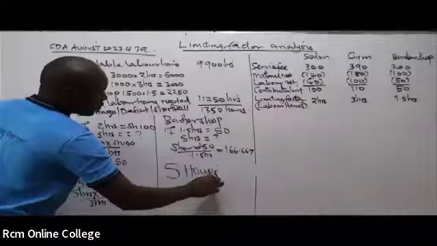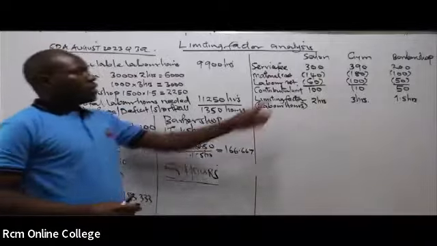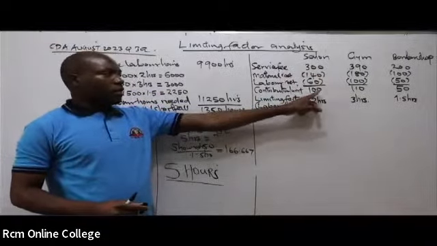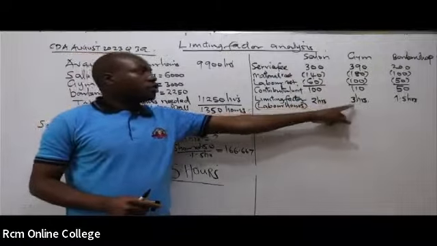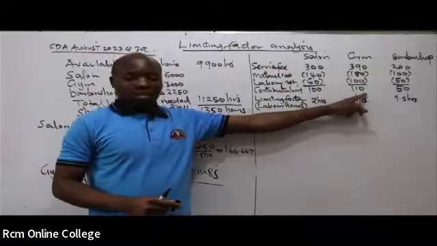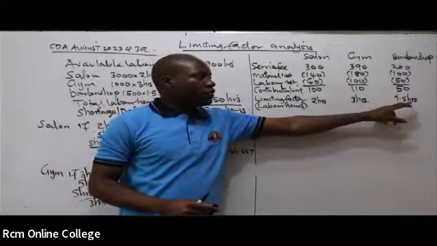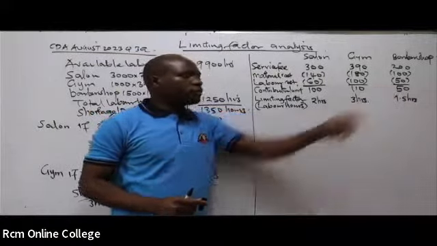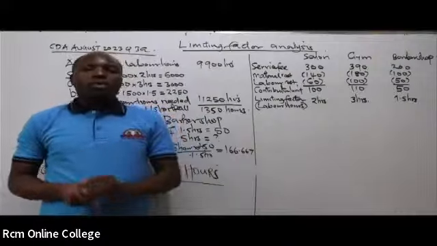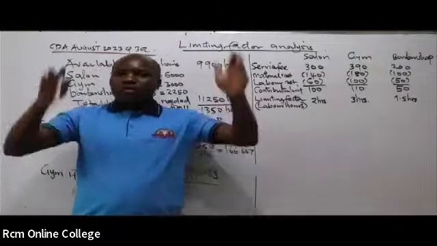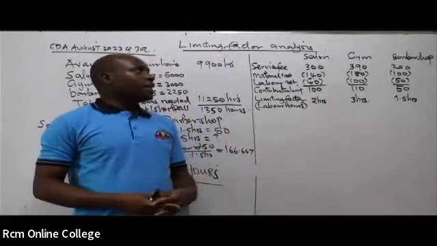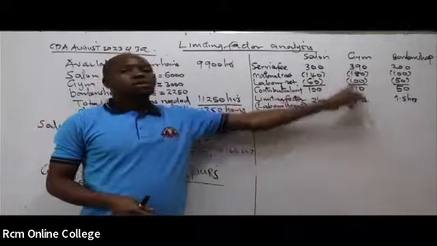Because in the salon, we have 2 hours, we made a profit of 100. In the gym, 3 hours, we made a profit of 110. In the barber shop, 1.5 hours, we made a profit of 50. At that point, we cannot say comfortably or confidently that gym is the most profitable service.